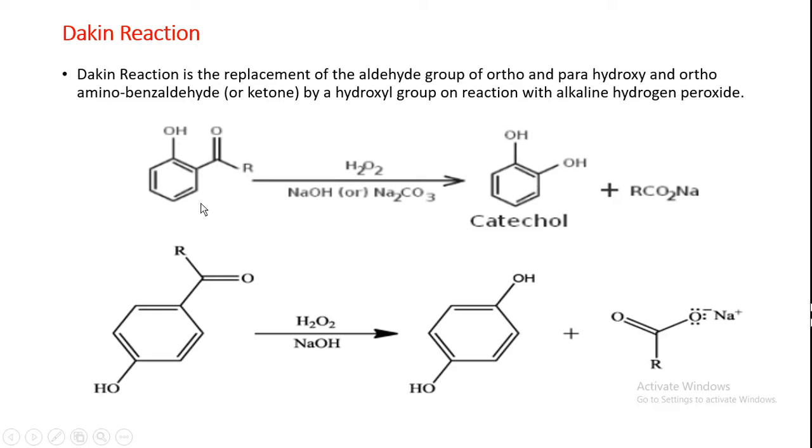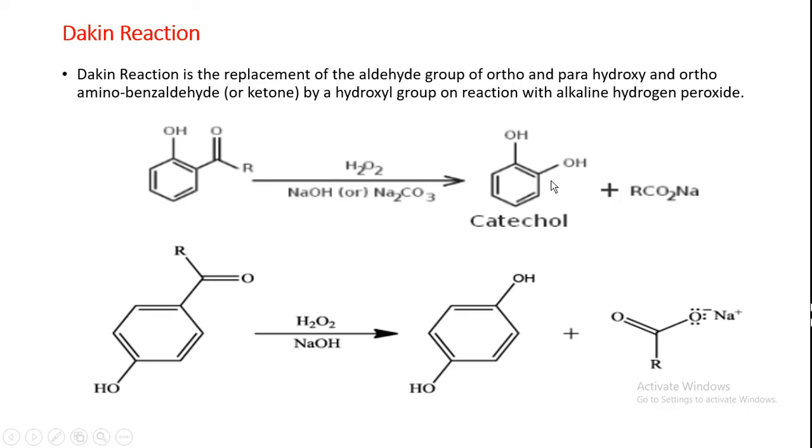So see the reaction here, OH, and this is C double bond O R, that means ketone you can say, or it may be aldehyde, H. In the presence of H2O2, NaOH or Na2CO3, these are bases, it will form catechol mainly.